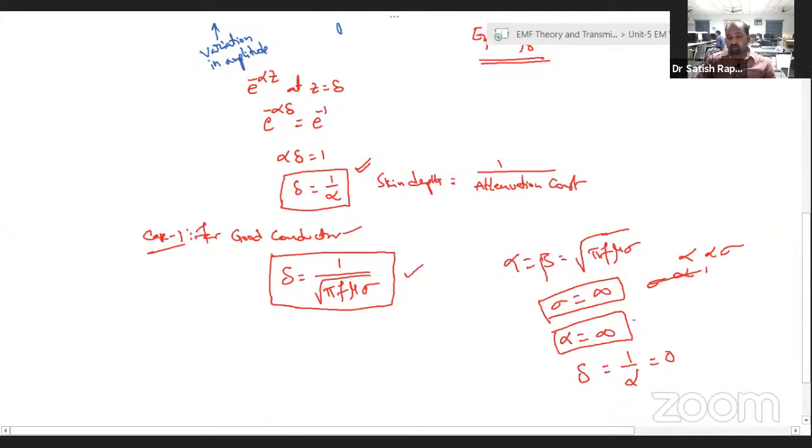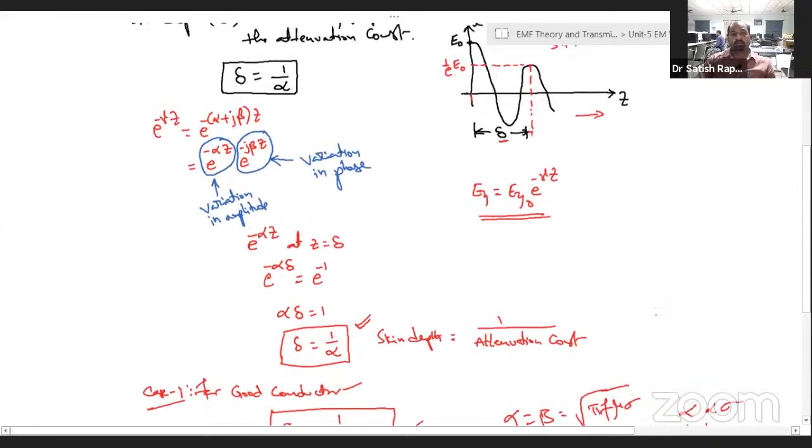If the attenuation constant is infinite, then skin depth is 0.